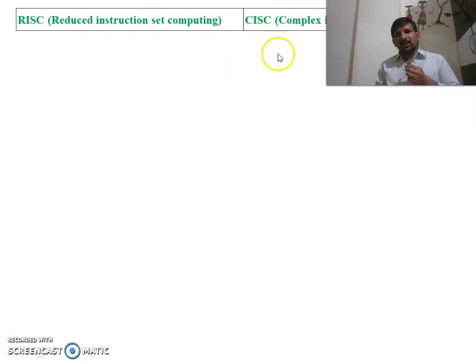To avoid these problems, they designed the RISC-based instructions. RISC means reduced instruction set computing. So we are reducing the maximum number of instructions into a limited number of instructions, here using 30 to 40 instructions only. Example, Atmel AVR microcontroller. Its RISC-based instruction set contains fewer instructions, 30 to 40.